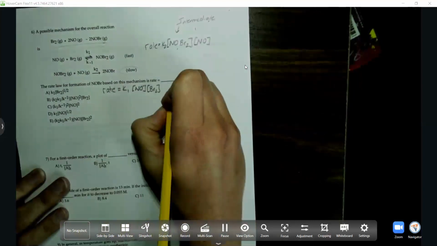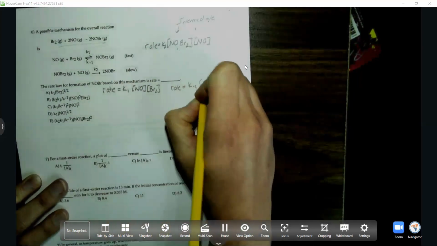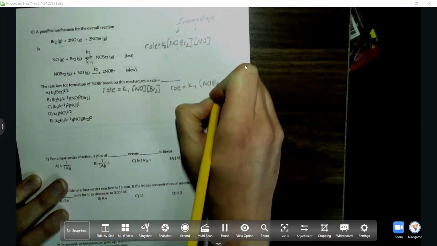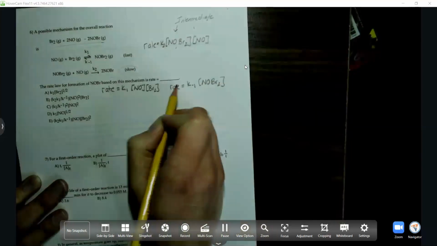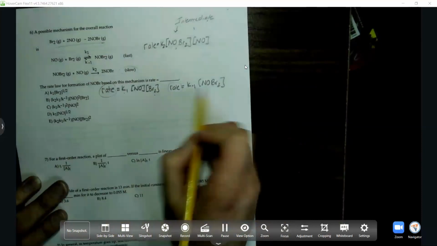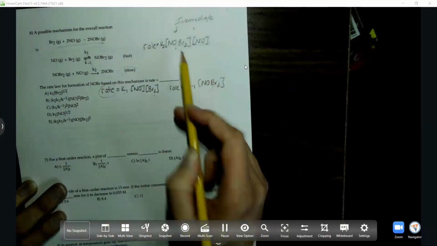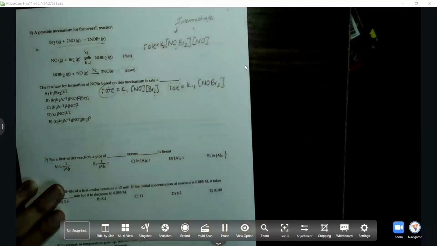And our reverse reaction rate is equal to K-1 times NOBr2. So the values of these rates are equal. So we can set them equal, isolate NOBr2, and plug that into our slow step rate law.